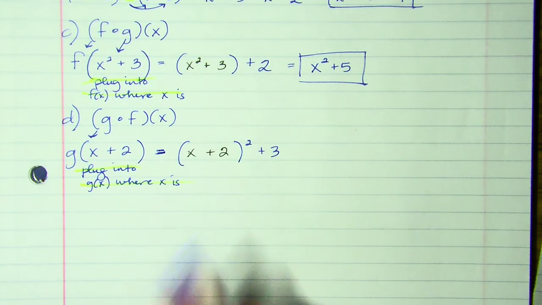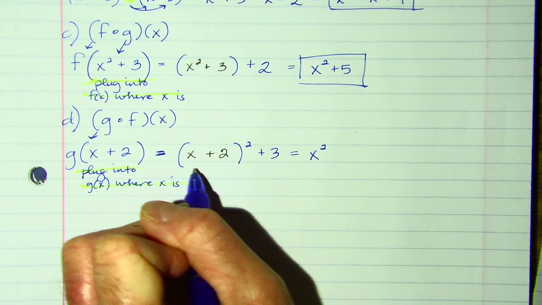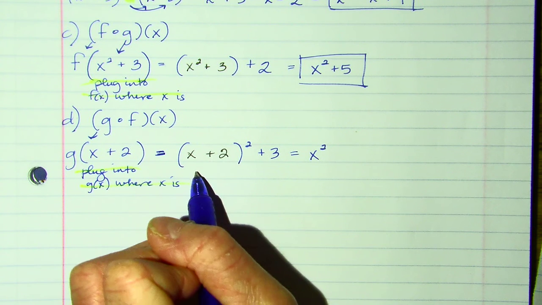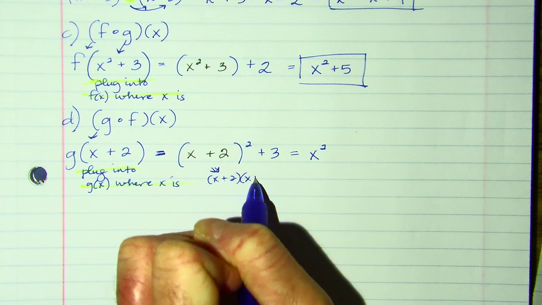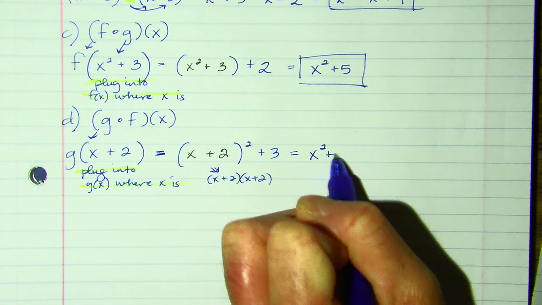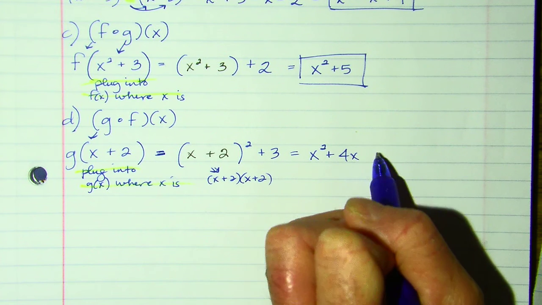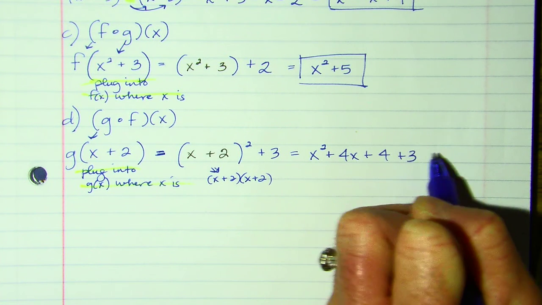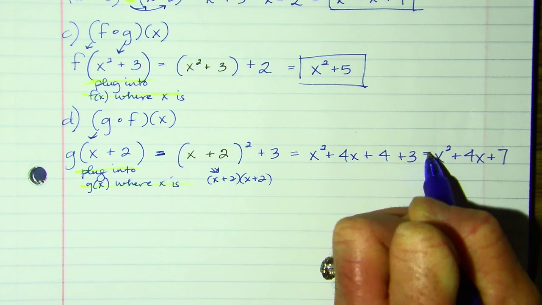So that gives me x squared. Remember, this is x plus 2 times x plus 2, but I'm doing it in my head. X squared plus 2x plus another 2x is 4x. 2 times 2 is 4 plus 3. So I get x squared plus 4x plus 7.